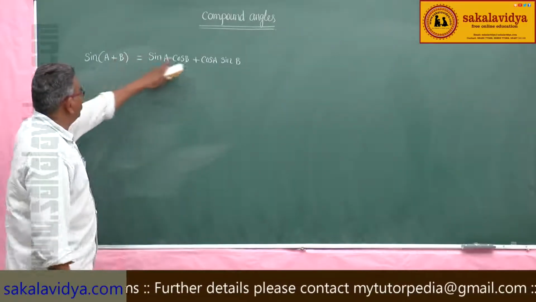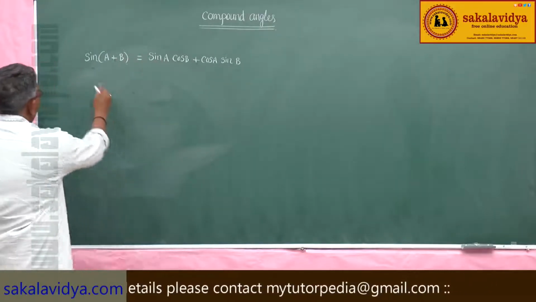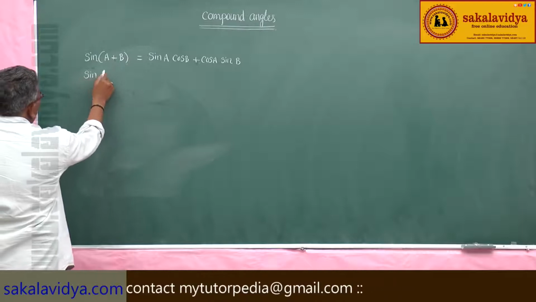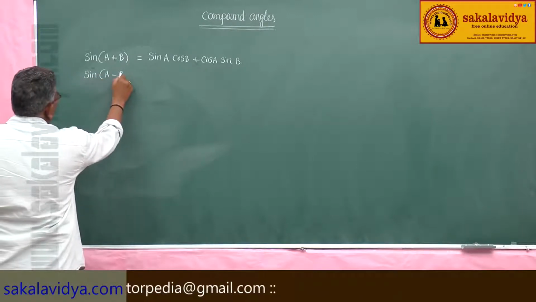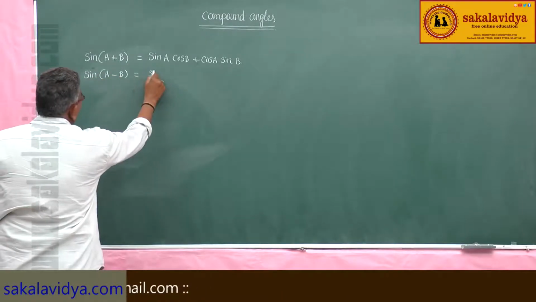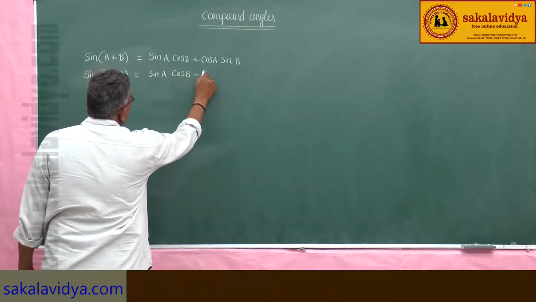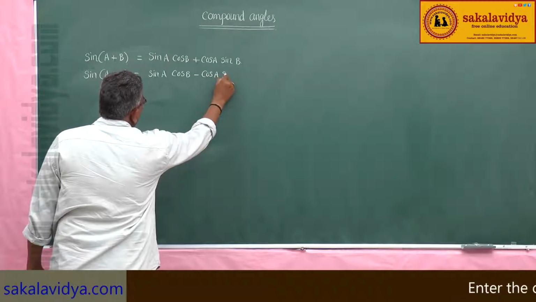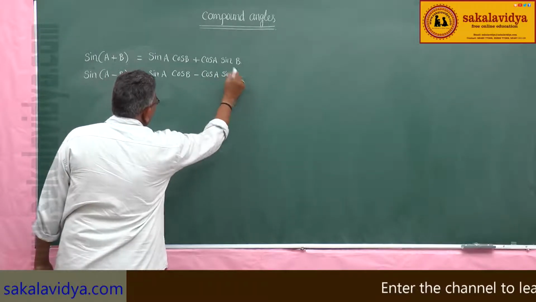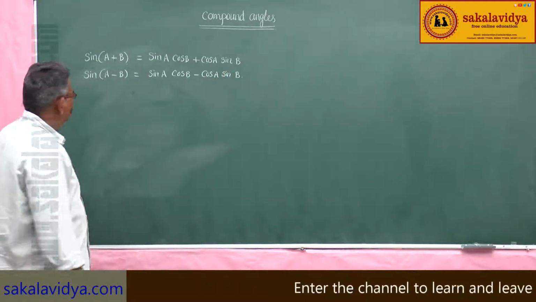Here, plus sine. Now, sine of A minus B is equal to sine A cos B minus cos A sine B. Okay.